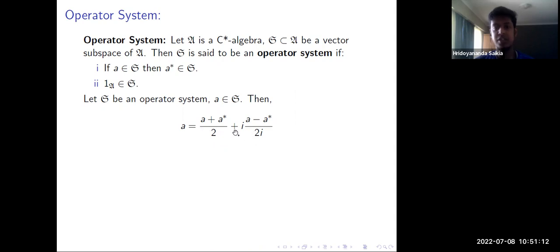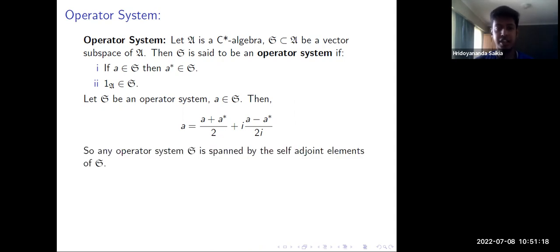These two elements are self-adjoint. So what does it mean? It means that any operator system is spanned by the self-adjoint elements of the operator system. That means in the operator system there are enough self-adjoint elements to generate the whole operator system.